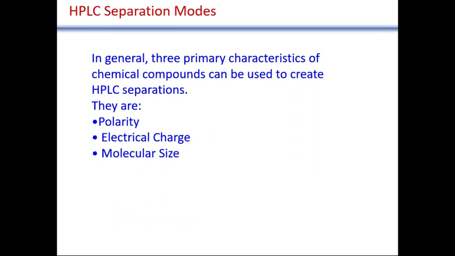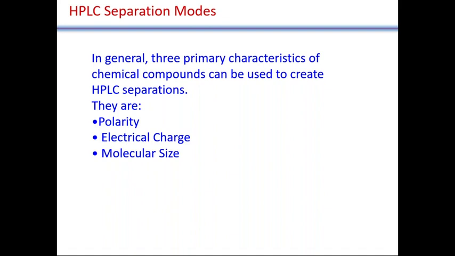So the separation modes, that is the properties which bring about the attraction between the solute and the solvent, or the solute and the stationary phase, are basically due to the polarity, due to the electrical charge, and due to the molecular size. When we spoke on chromatographic techniques, I talked about the electrical charge or the ion exchange chromatography, where you have a positively charged stationary phase, and if the sample is negatively charged, it will be attracted to the stationary phase.